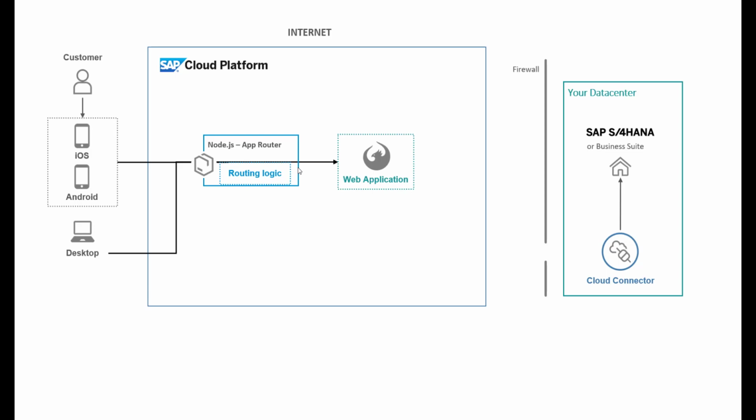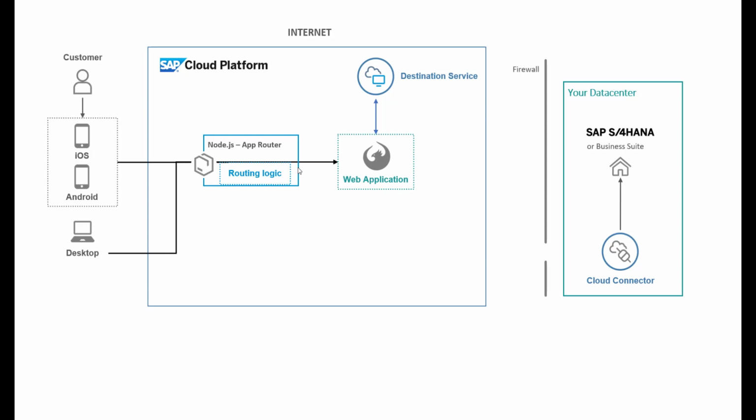When it wants to talk to an on-prem system, first it goes to the destination service, and then it gets all the information for the host name, the port, the credentials. It gets all that information because the destination service, when it comes to on-prem, acts more like a storage facility.